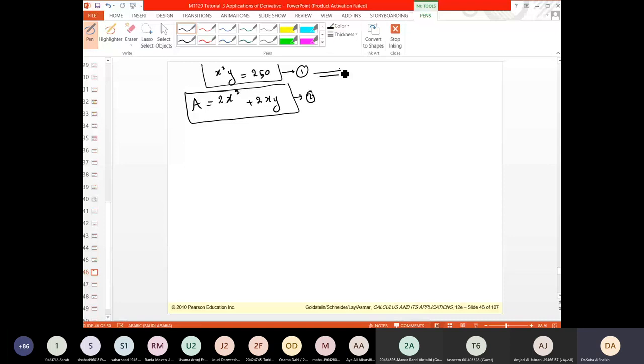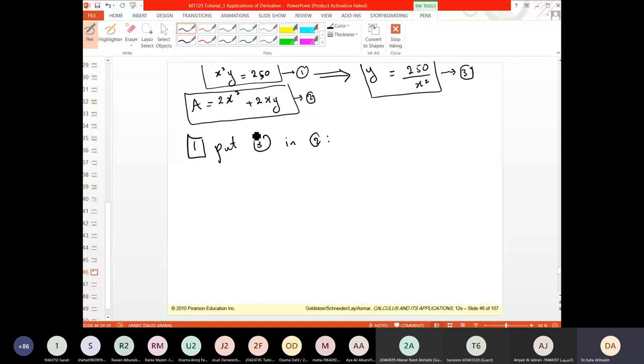So step number 1, what do you think? I'm gonna put equation 3 in equation 2, substituting 3 in equation 2, to make this equation all in x. So I will get A equal to 2x squared plus 2x, and the y changed to 250 over x squared.